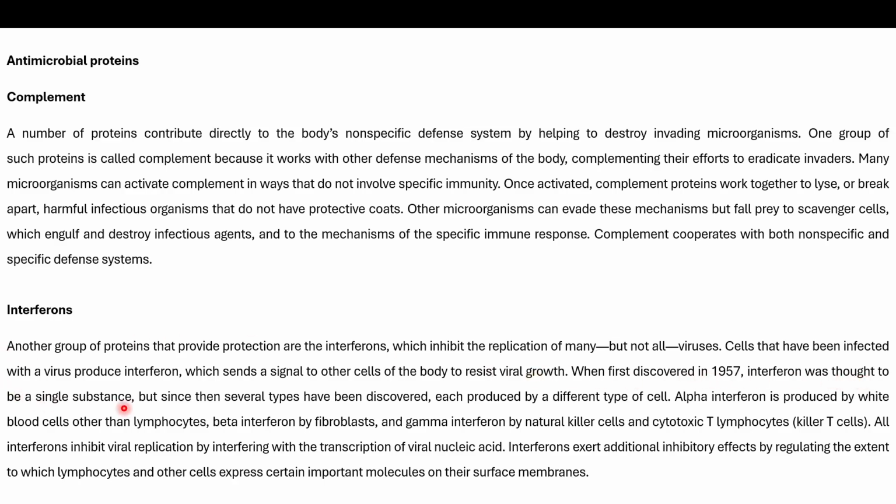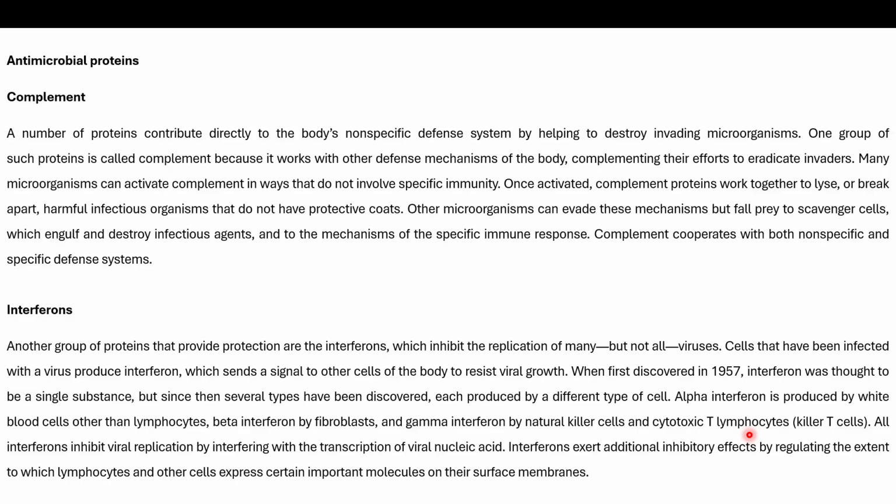But since its discovery, several types of interferons have been discovered, and each type is produced by a different type of cell. There are alpha interferons, which are produced by white blood cells other than lymphocytes, beta interferons produced by fibroblasts, and gamma interferons produced by natural killer cells and cytotoxic T lymphocytes, or in general, killer T cells. All these cells are also part of the immune system machinery.